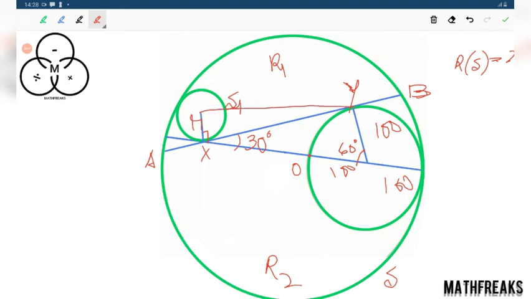If I join this point, or say this point, why not this point? I have joined all the points. Whichever would be the easier one, we'll go for that. I guess that working with this triangle will be easier.